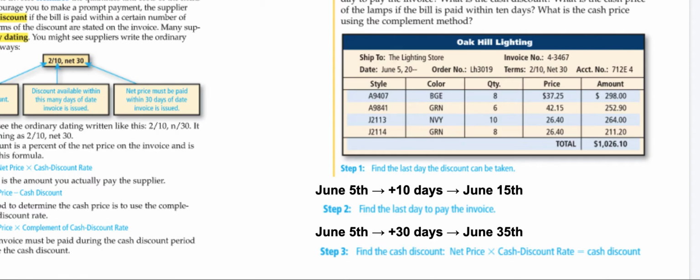There's only 30 days in June. So if I subtract off my 30 days to see what's left, my overage essentially, you'll get 5. So the next month after June, July, you must pay it off by July 5th. When you go over the number of days in the month, it goes on to the next month, however many days.